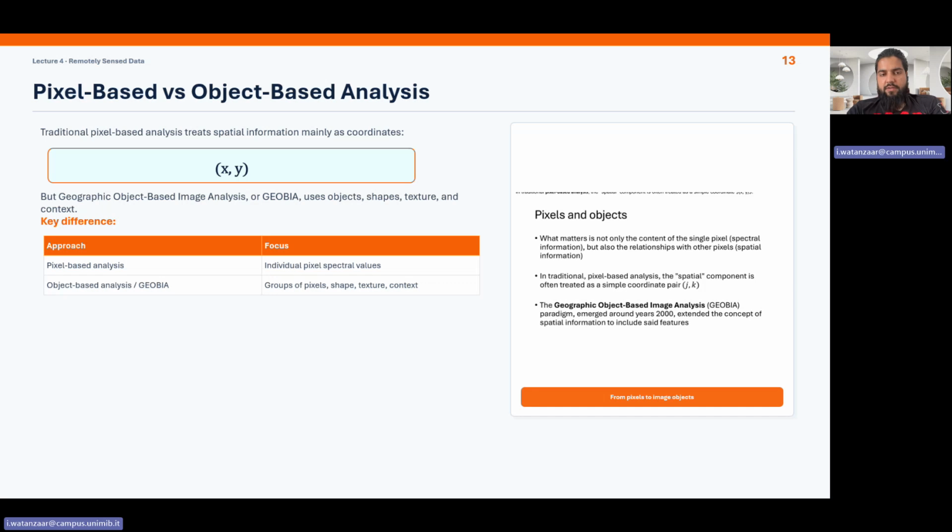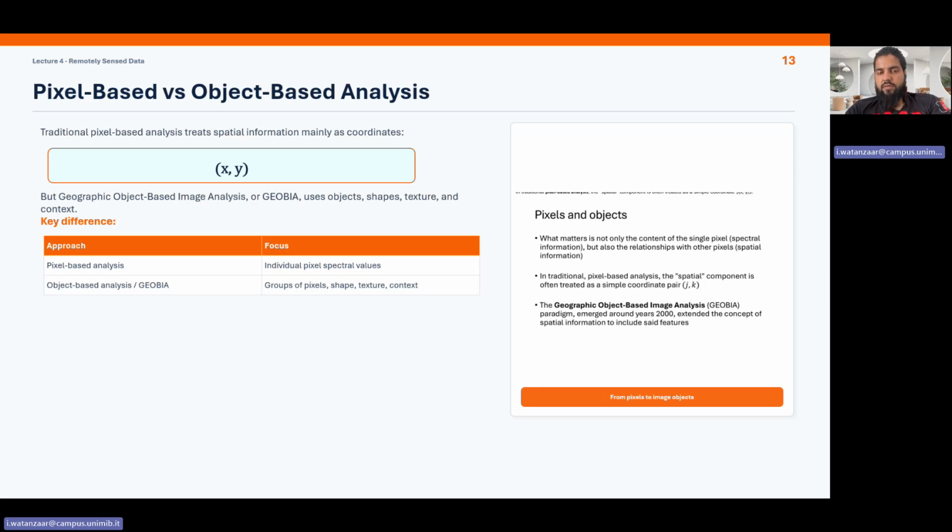So in the key differences, in pixel-based analysis, individual pixels represent spectral values, but in object-based analysis, GEOBIA, the geographic object-based image analysis, they use groups of pixels, shape, texture, and context.